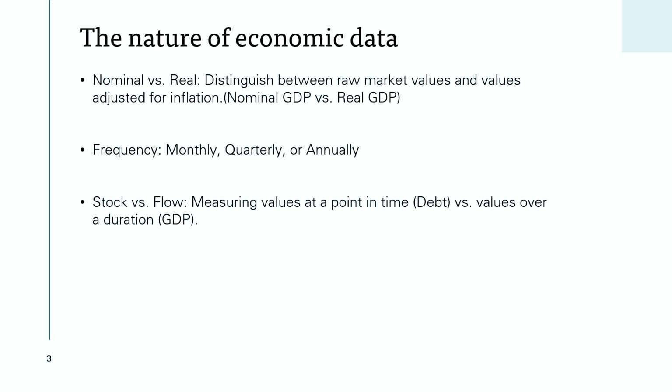Before looking at graphs, we must understand the different types of economic data. The first distinction is between nominal and real values. Nominal values are measured using current market prices and are not adjusted for inflation. Real values are adjusted for inflation and therefore provide a better measure of actual economic performance over time.